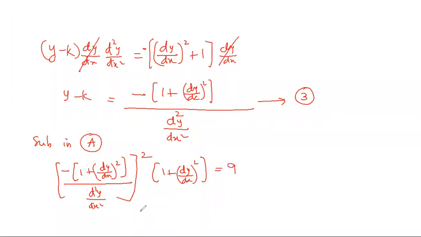Now when you square this, you will get 1 plus dy by dx the whole square into this. So cube is 9 d square y by dx square. Now make it equal to 0 and that becomes your answer.